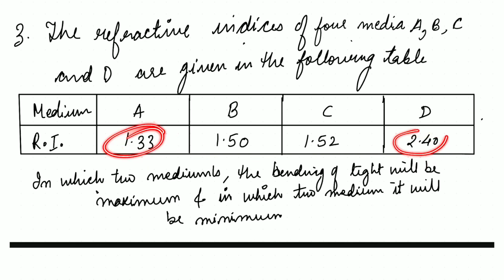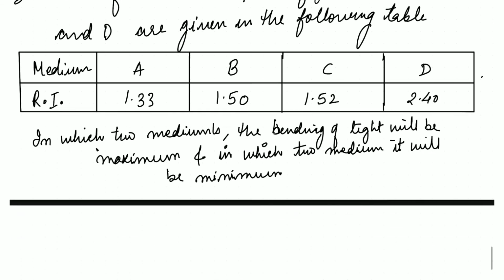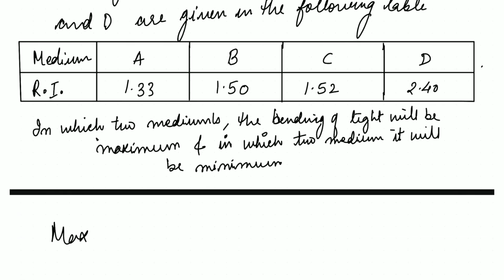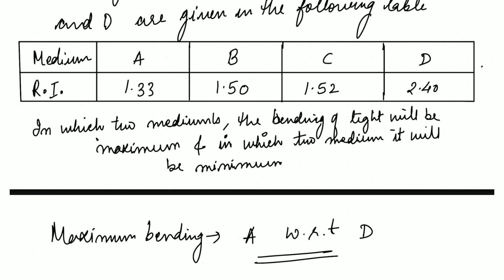Can you guys see that? The refractive index is very different here. It is 1.33, it is 2.40. So I can simply say the maximum bending we can see when I take medium A with respect to medium D. Is that a yes or no?